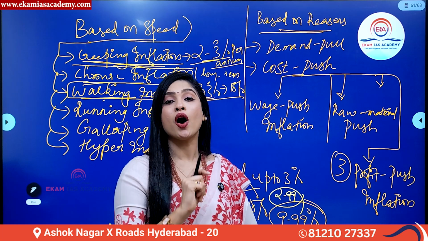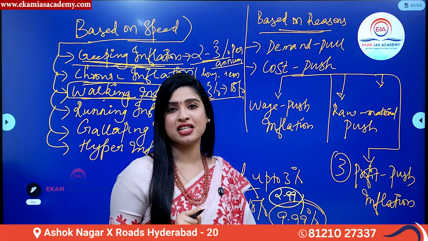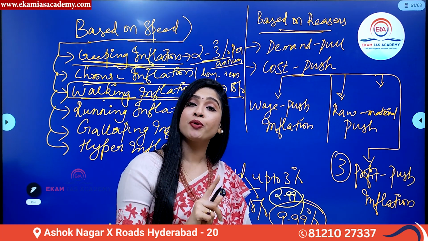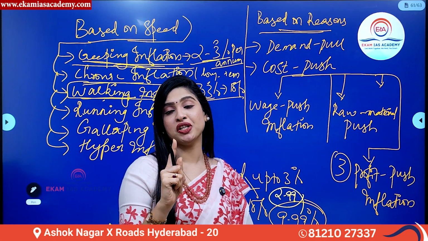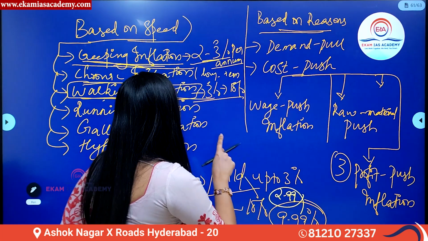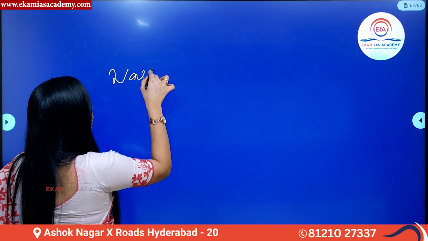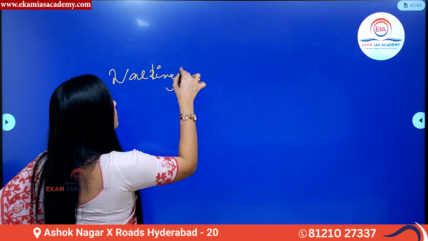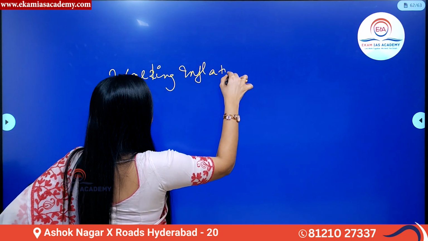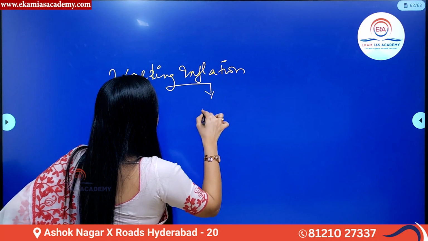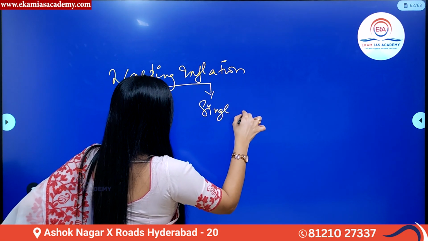Now, this walking inflation is very, very serious. Why? Because if proper precautionary measures are not taken under the walking inflation category, then automatically serious repercussions can happen for the economy, because walking inflation is what? Single digit inflation.